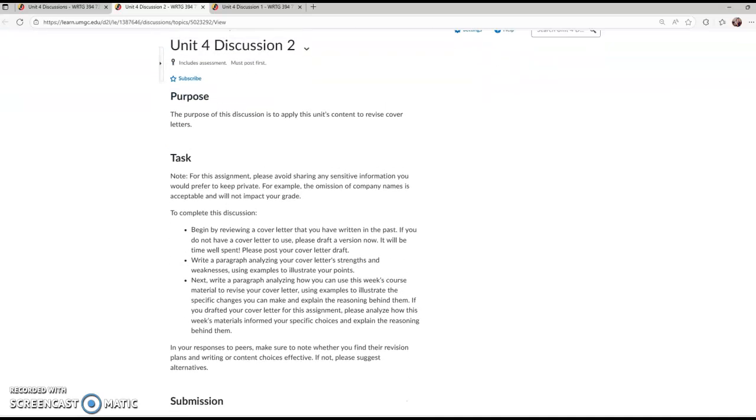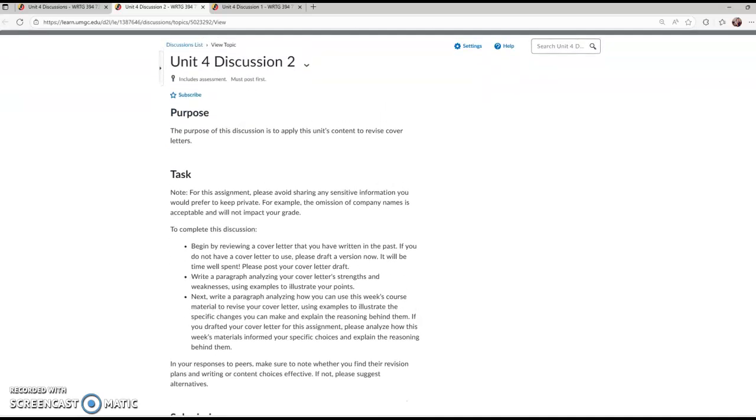Now, for the second discussion of the week, the purpose is to apply the unit's content to revise cover letters. For this assignment, avoid sharing sensitive information. If you're working with one of those live documents, you're welcome to edit it to change where you work or dates, just to protect any sensitive information.